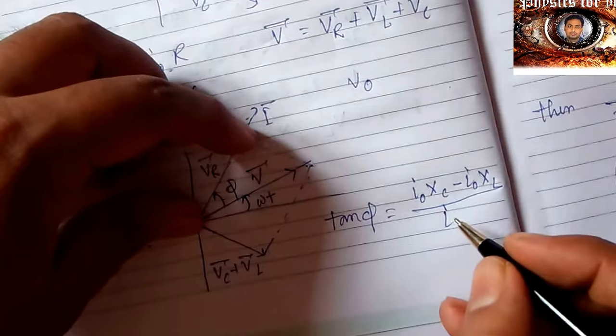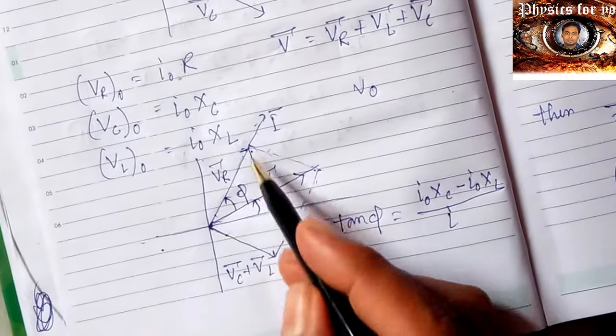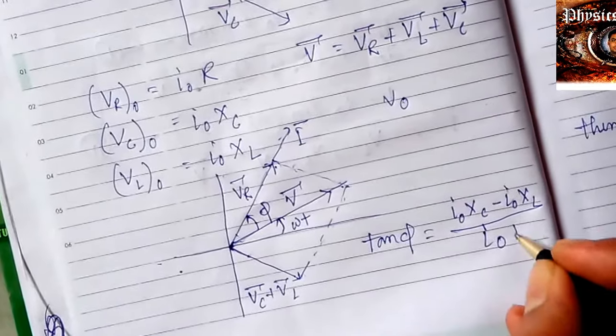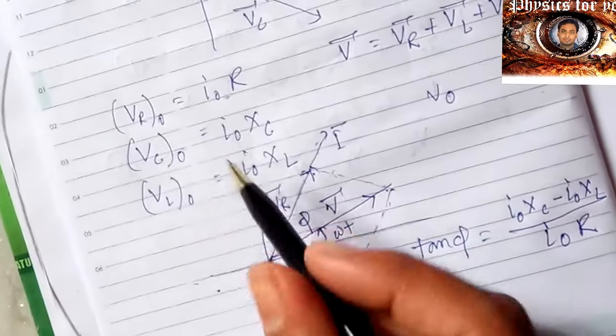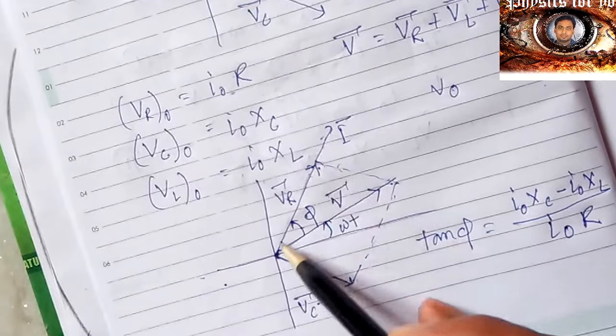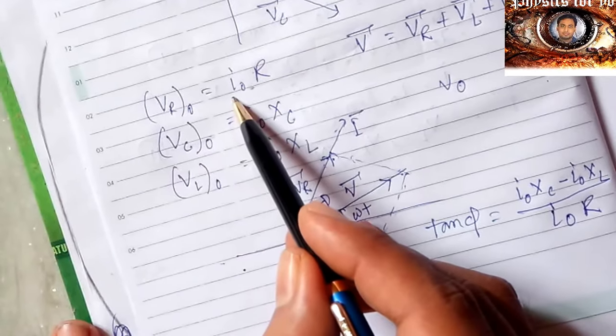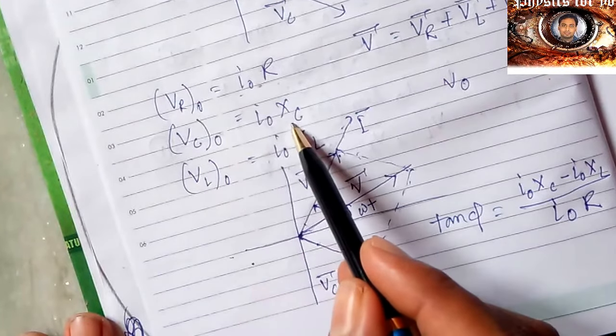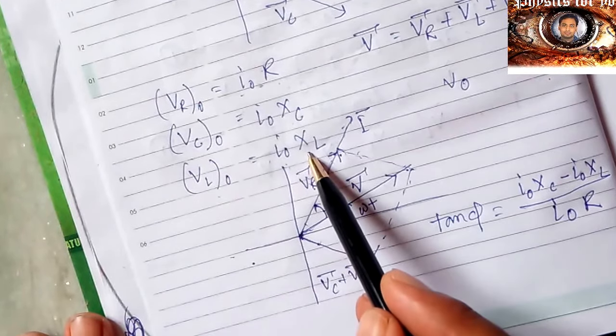VR means the maximum length of VR, that is the amplitude, VR0 is I0 into R, VC equal to I0 into XC, VL equal to I0 into XL.